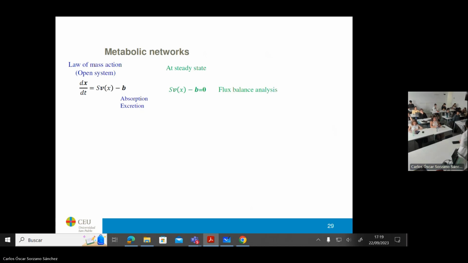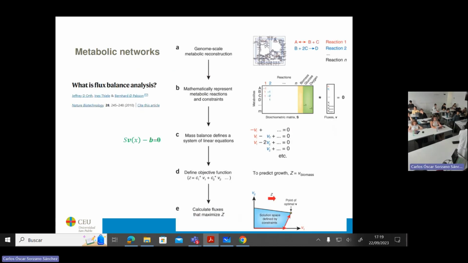Okay. And here you have a paper. This guy is also very well known, Bernard Paulson, in systems biology. And here is a paper that summarizes how flux balance analysis is used. First you need genome scale metabolic reconstructions.